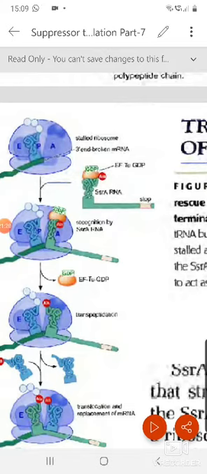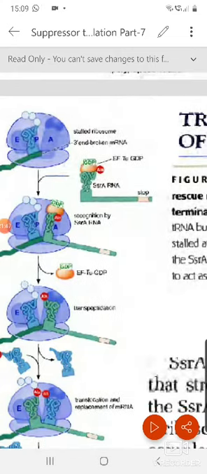If this is the situation, first you need to know in which situation this kind of chimeric RNA will come. If there is a truncated mRNA and translation has already started, then to rescue this, a chimeric RNA, named tmRNA because it is partly tRNA and partly mRNA, will first do the peptide bond synthesis, the transpeptidation reaction.